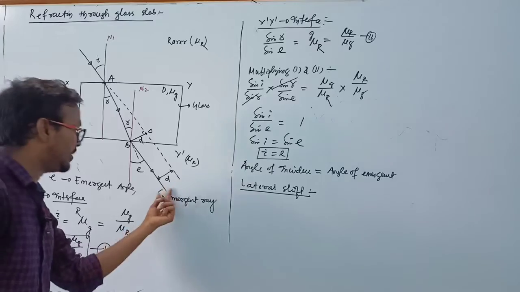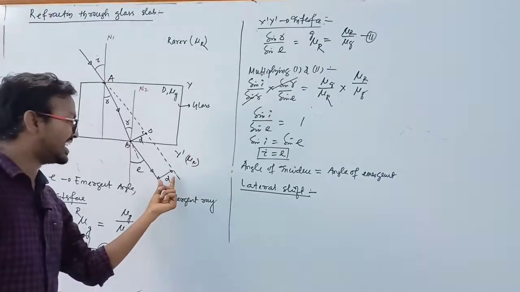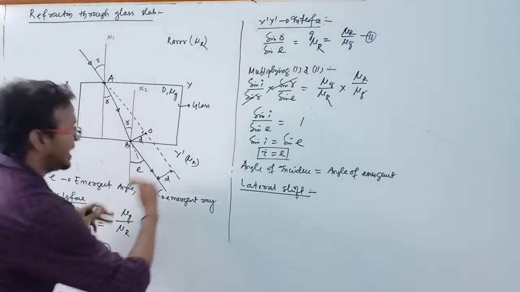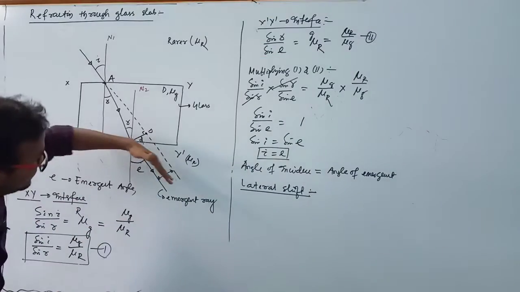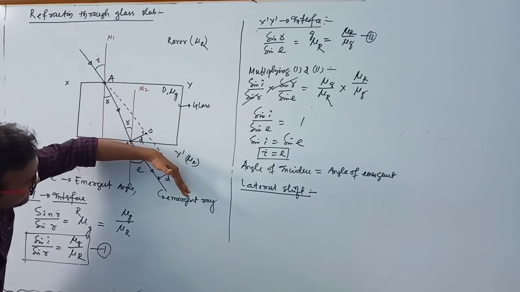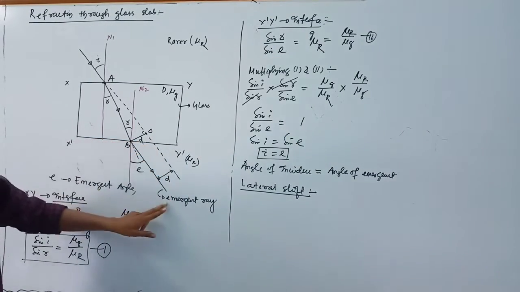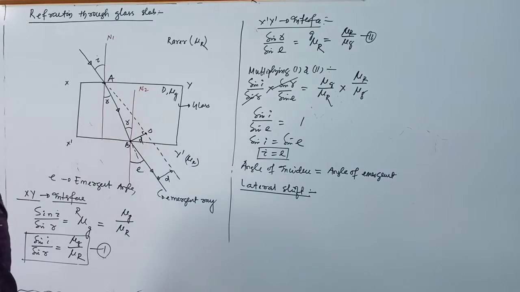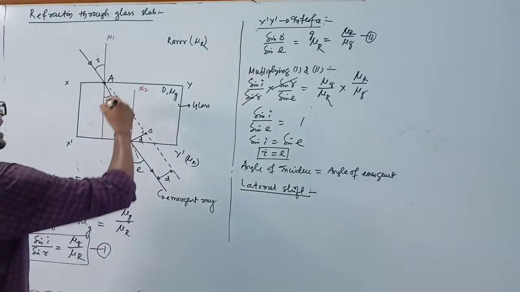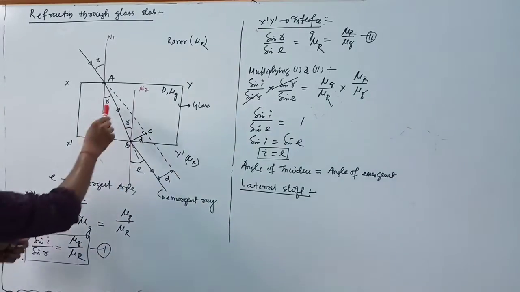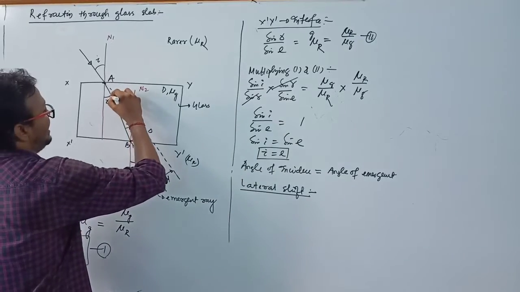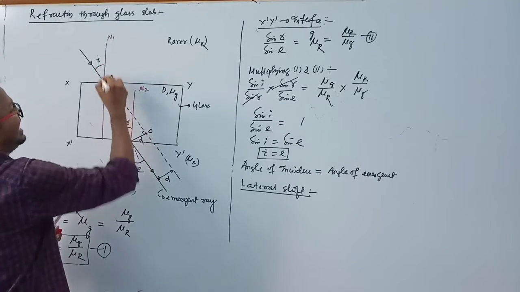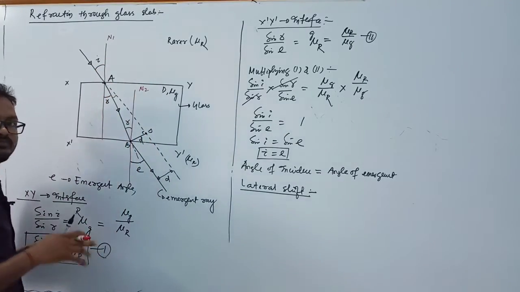Now we have to find the value of d, the lateral shift. That means the ray shifts from its line of action to this emergent ray, and this distance is known as lateral shift or lateral displacement. Clear? Okay. If this angle is r, then how much is this angle? Suppose this total angle is delta, the deviation.